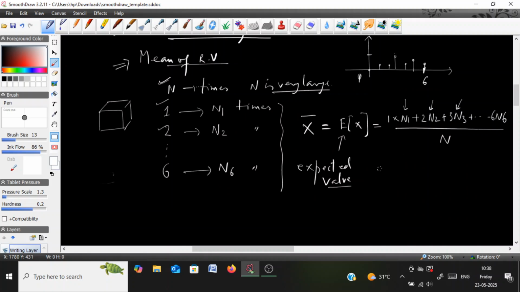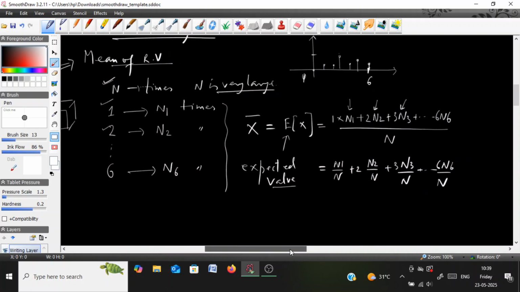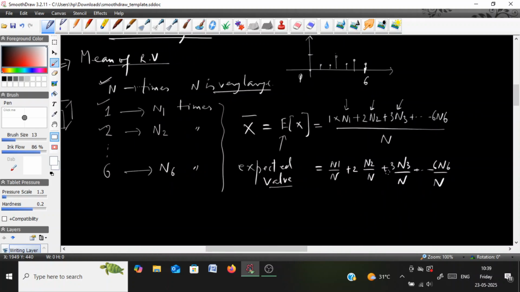Okay, and that is simply n1 divided by n plus 2 times n2 by n plus 3 times n3 by n, and so on, 6 times n6 by n. And I already discussed that n1 by n is nothing but the relative frequency or the probability of getting number 1. n2 by n is the probability of getting output as 2, and so on.